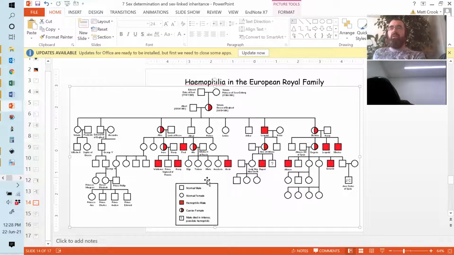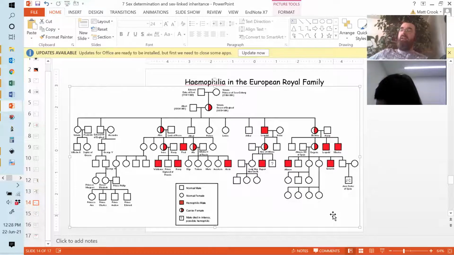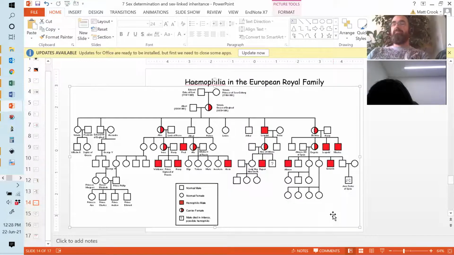So we'll never know whether or not Marie, Anastasia, or whoever, these four female children of Tsar Nicholas, were carriers, because they never lived long enough to reproduce, and we can't figure it out from their offspring. But for all of the individuals that did have offspring, we can figure out whether or not they were carriers or where that allele came from, because you just work through it. It's just a puzzle, basically.